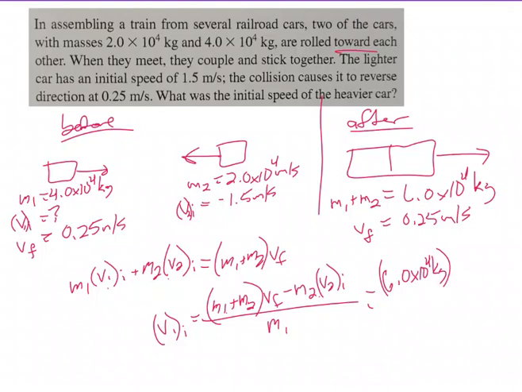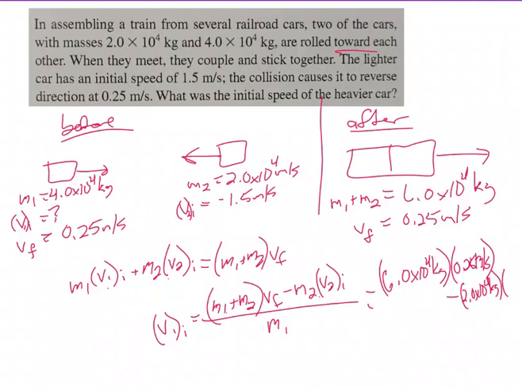We know V final, 0.25 meters per second. Mass 2, V2I. I'm running out of room. We have mass 2 is 2.0 times 10 to the fourth kilograms, which is what, metric tons? 20 metric tons? I don't know.